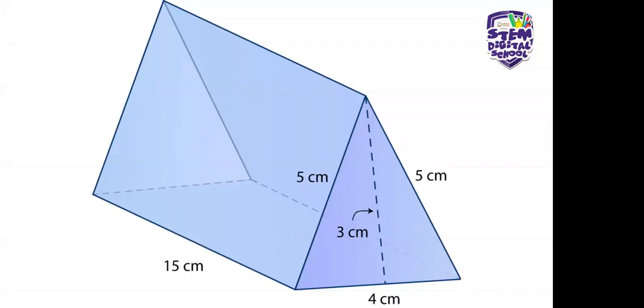I want us to focus on this particular prism. I want us to study this prism so that we can answer some of the questions that will follow. Once more, we know there are 2 triangles that are used to complete a prism of this nature, also known as the triangular prism.